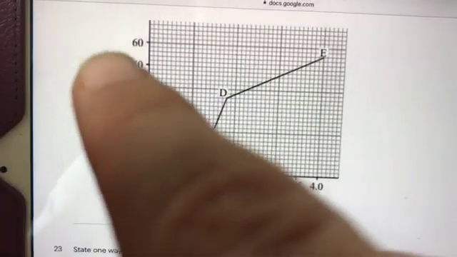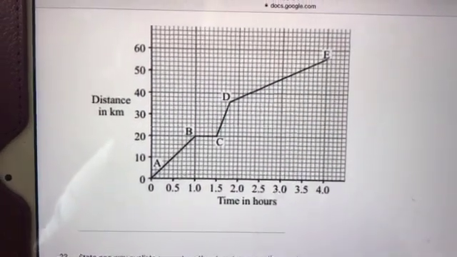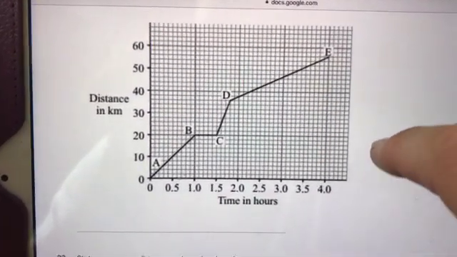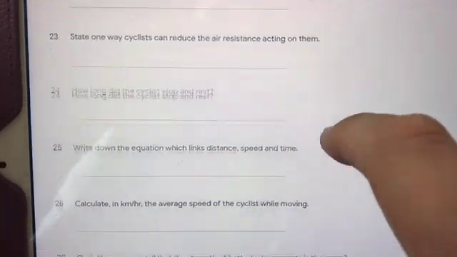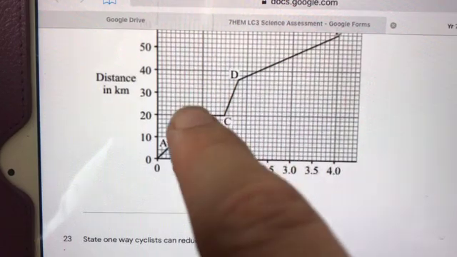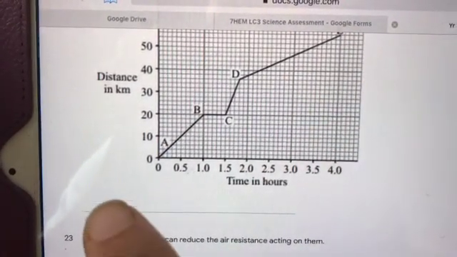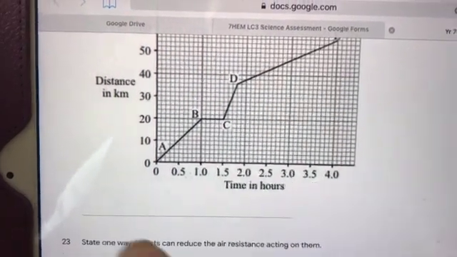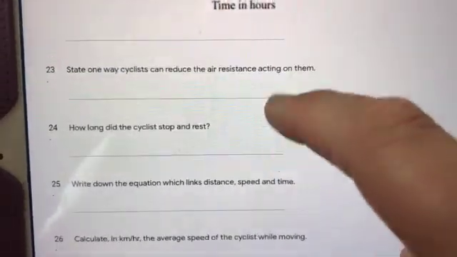If I read that off that graph, 56 divided by 4, that gives me 14. Now, the trouble is you've missed part of the question. Part of the question says while moving. So you need to ignore this bit here where they're not moving. So the total time is actually only 3.5. And when you divide those down, you get an answer that instead of being 14 is actually 16.